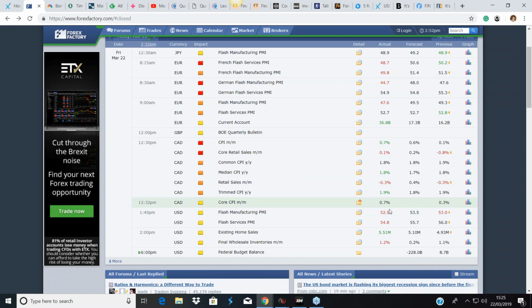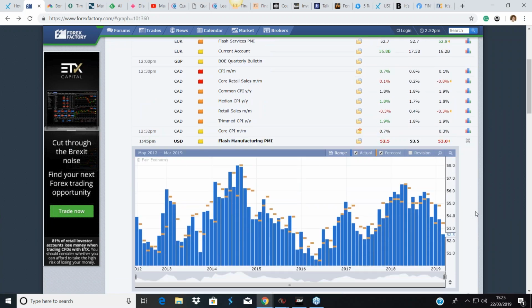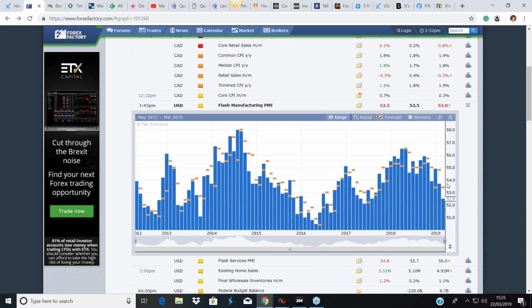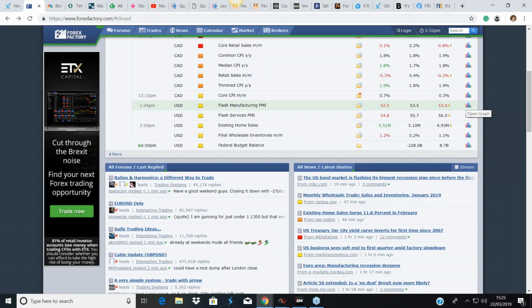But let's just compare like with like on this occasion, and we can see here this is the PMI for the US. Now, it is kind of falling, but it tends to pop back up again, so it can be a little bit unclear, but it's not at 50. 50 is the key level for this release.